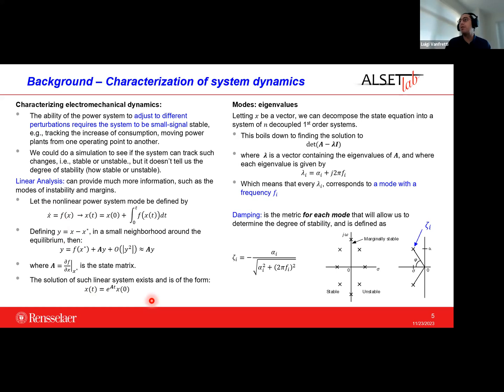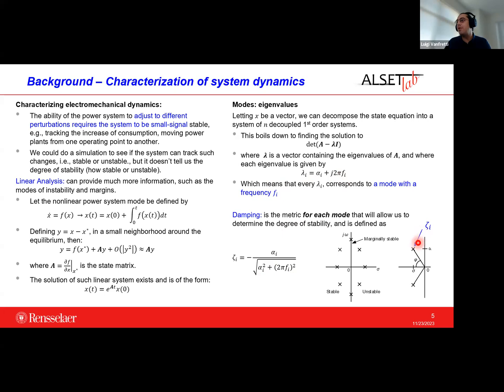So this boils down to calculating eigenvalues if you have a linear model. Here we solve for the eigenvalues and the eigenvectors, and from the eigenvalues you can calculate the frequency, and you can calculate the damping for each of the modes.